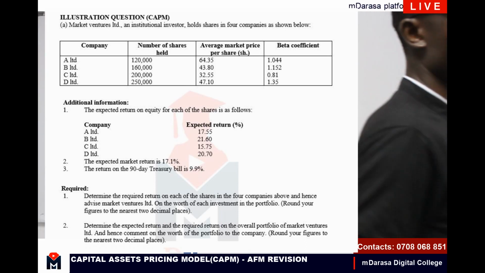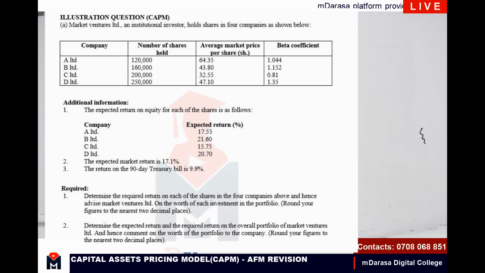Going through it briefly, we are told that we have this company, Market Ventures Limited, an institutional investor that holds shares in 4 companies as shown below, A, B, C, and D, with the number of shares given there as well as the market price per share.